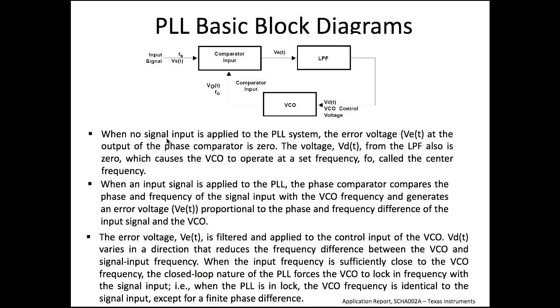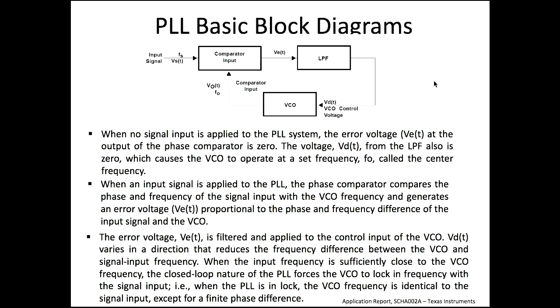When no signal input is applied, you just turn on the PLL and don't connect any signal, the error voltage is this voltage minus this voltage. When you don't have any input here, your error voltage will be this voltage. So that's the reason the error voltage at the output of the phase comparator is equal to 0.